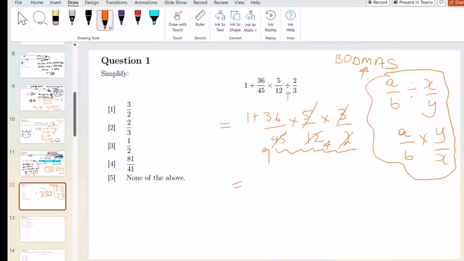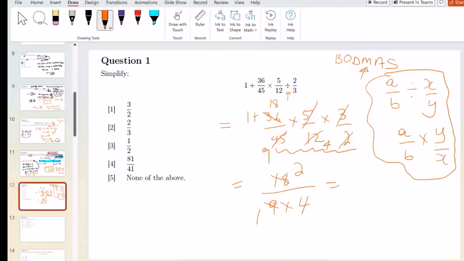So in my numerator, I've got 18. 18 divided by 9 multiplied by 4. 9 goes here once, 9 goes here 2 times. So I've got 2 over 4, which is equal to a half.